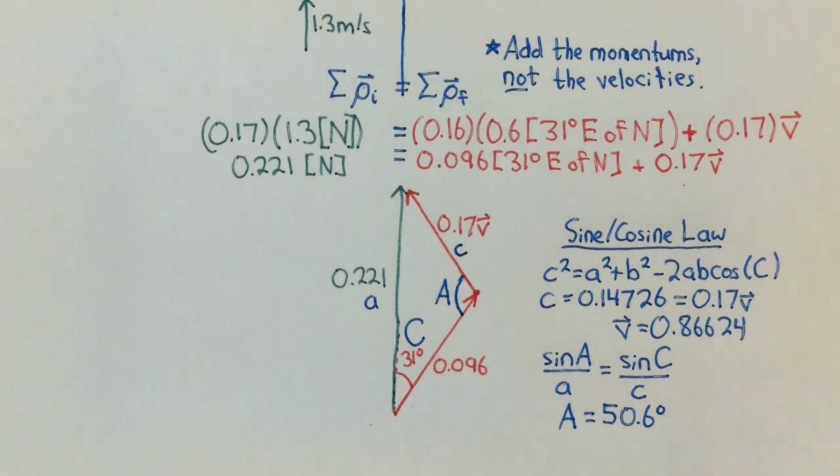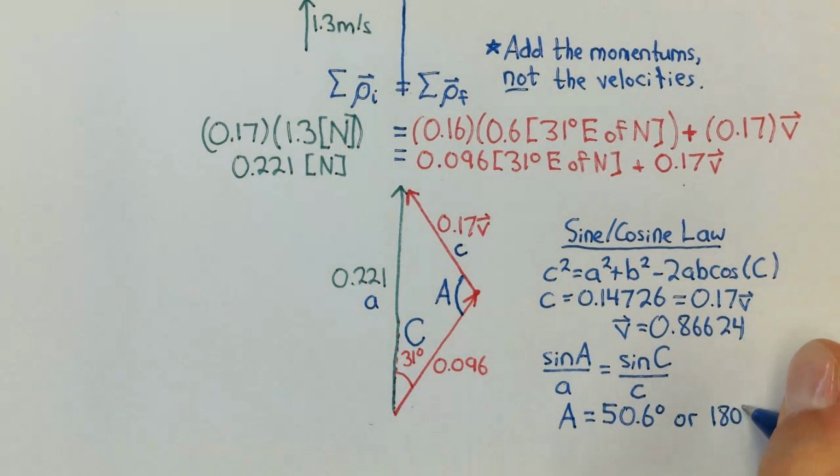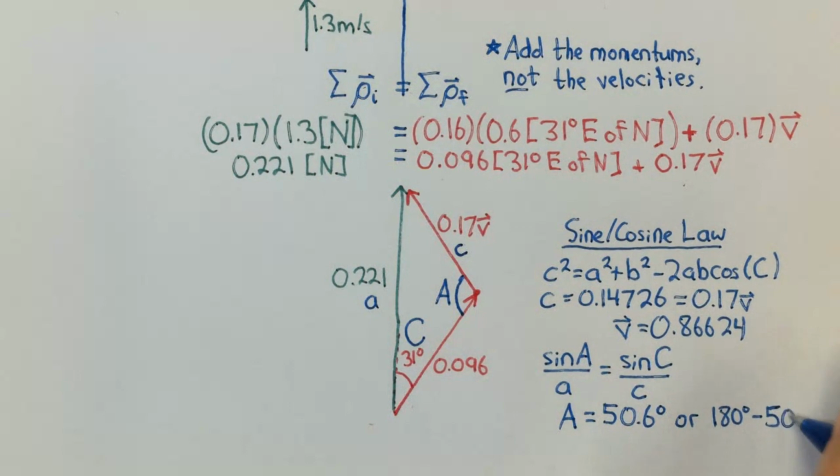One thing your calculator is just going to assume you remember is that there are two possible answers when you take the inverse sine of a number. One is the one your calculator gives you, which is called the reference angle, and one is 180 degrees minus the reference angle, minus the one your calculator gives you.